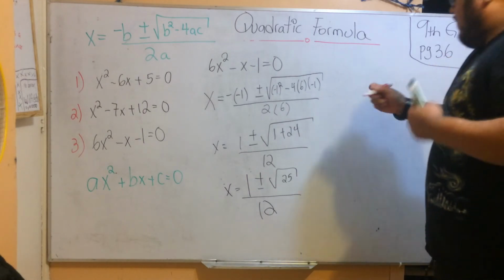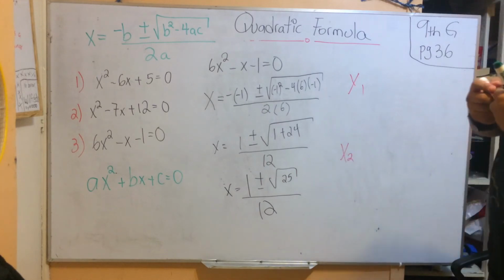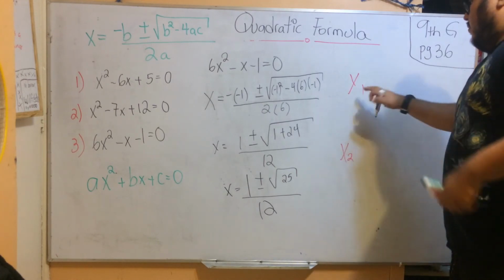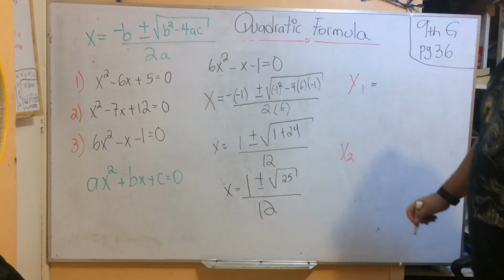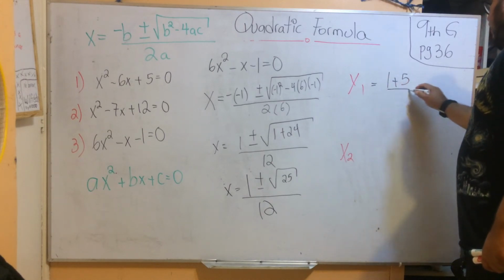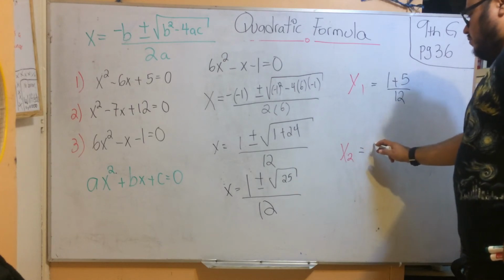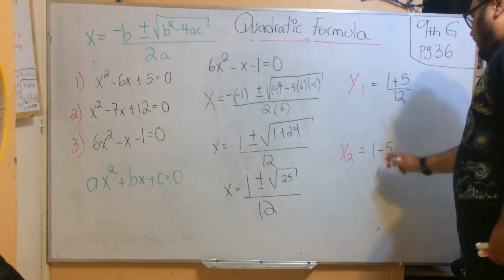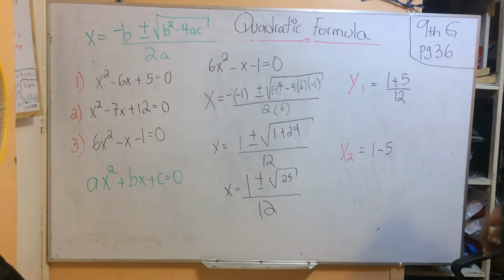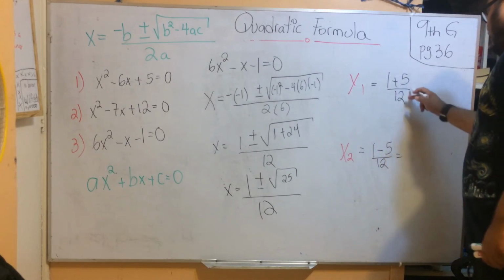Okay, and we have our two answers, x1 and x2. On x1, we have 1 plus 5 divided by 12, and x2 is 1 minus 5 divided by 12.